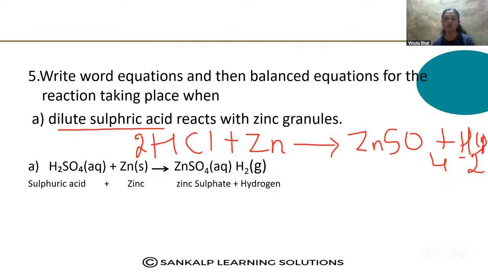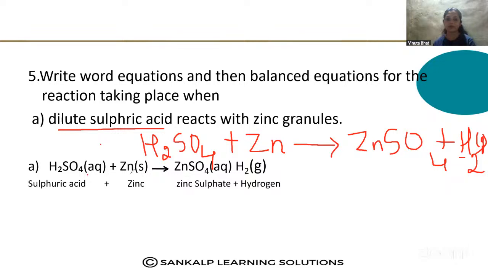Sorry, H2SO4, not HCl. Sulfuric acid is used, not hydrochloric acid. Zinc sulfate, 2 hydrogen. Yes, this is already balanced. You should write the physical states of the reactants and the products.